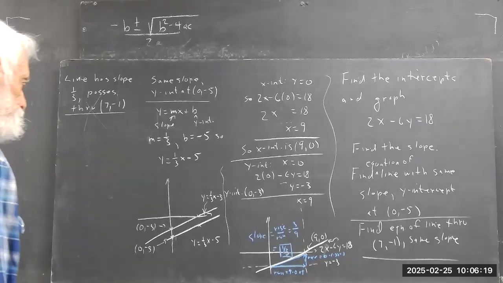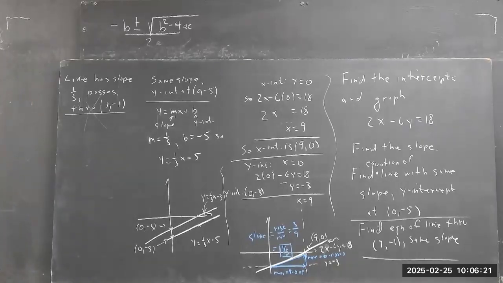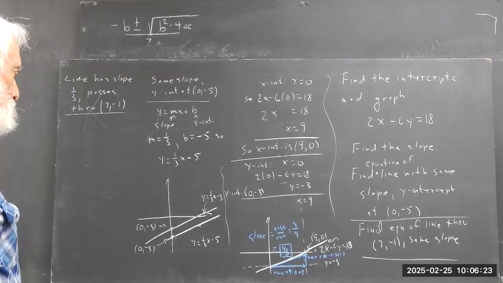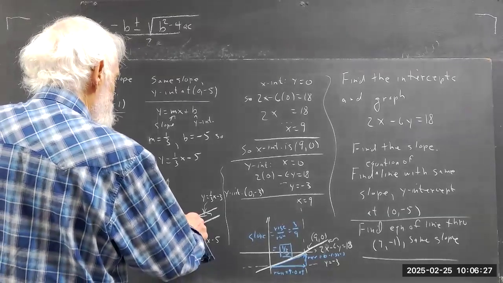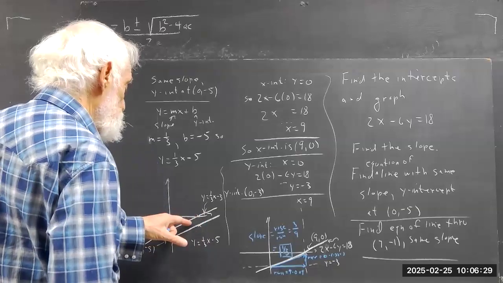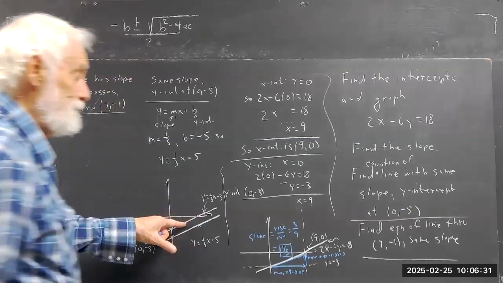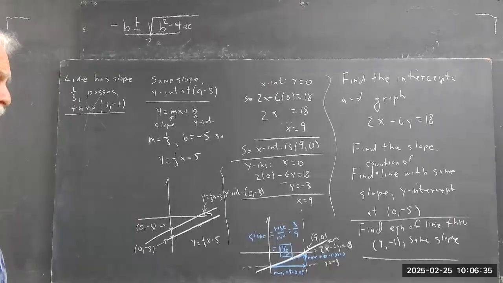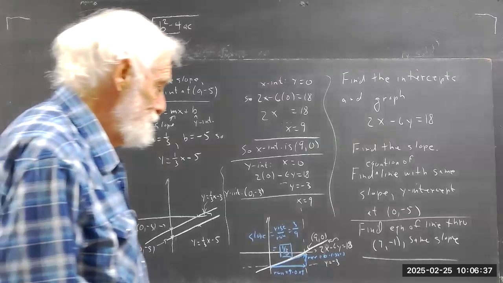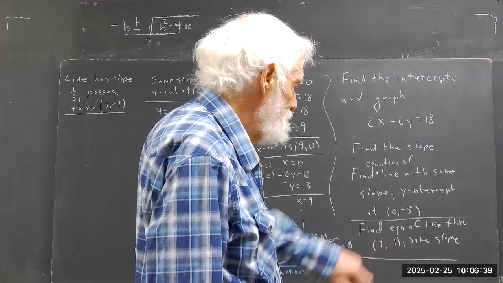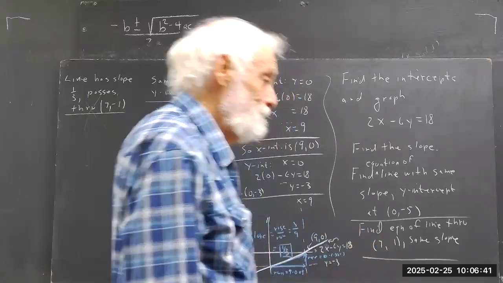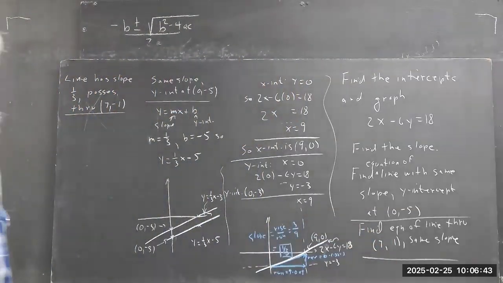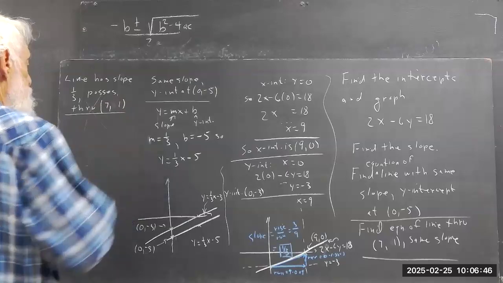Well, we could draw a picture of this thing. 7, -1 is pretty close to this line, right? It's so close that I don't want to draw that. Okay. I'm going to make it 7, 1. So I'm changing things on you a little bit.